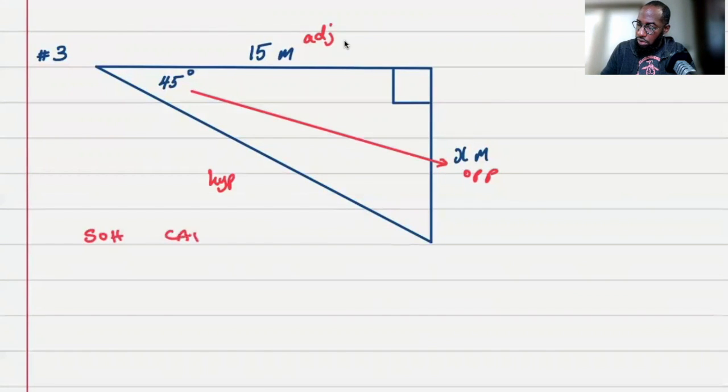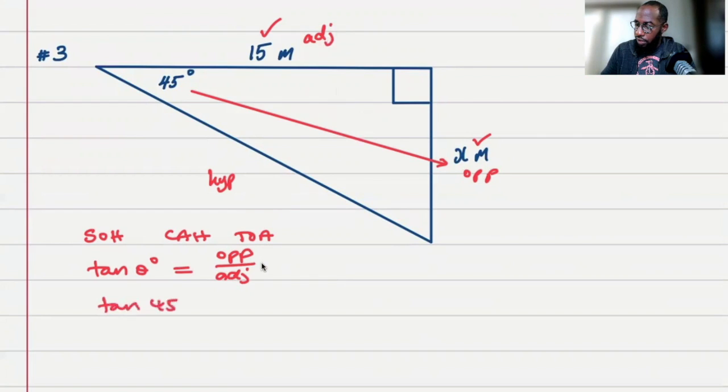Now, SOH CAH TOA, right? We're looking for adjacent and opposite, so we're using tan. Tan theta is opposite over adjacent. Tan 45 degrees is equal to x over 15.